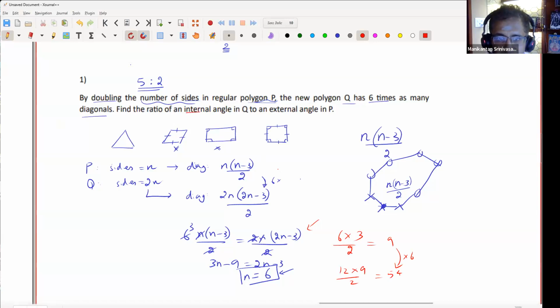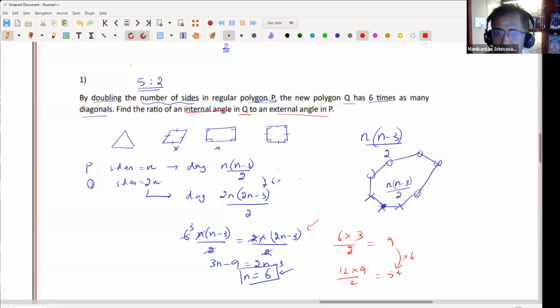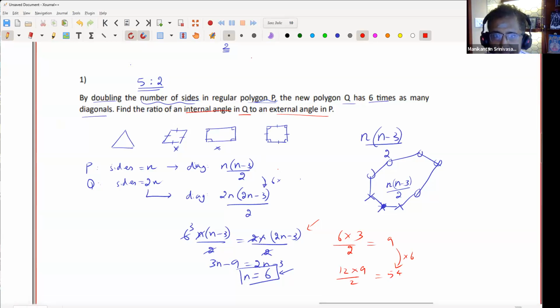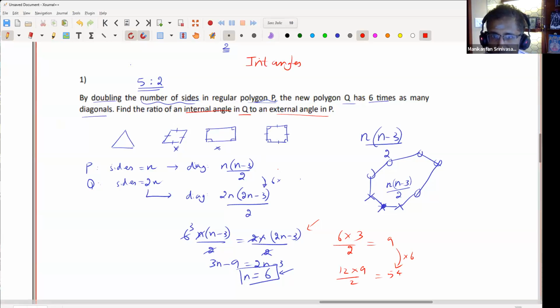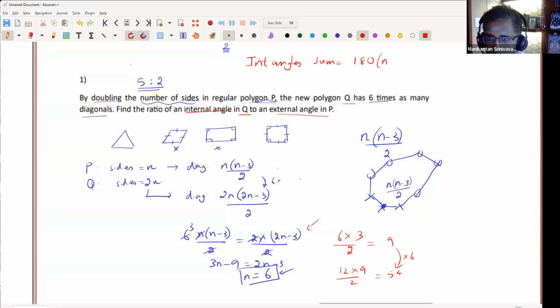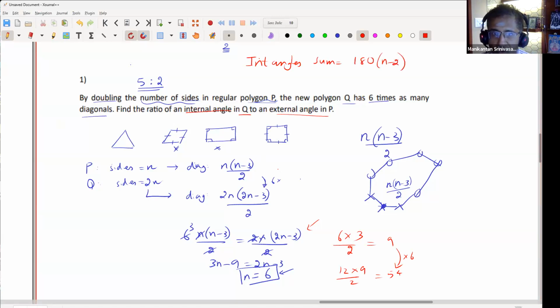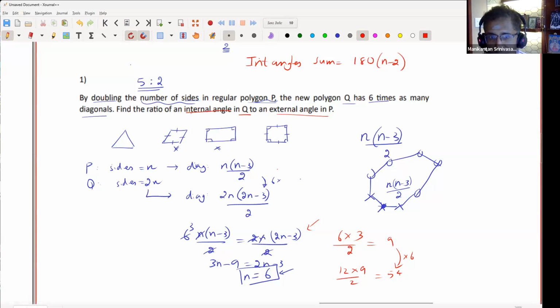What is the ratio of internal angle in Q to external angle in P? Okay, so what is each internal angle? The sum of all the internal angles is 180 times (n minus 2). You should be careful: internal angle in the bigger polygon.